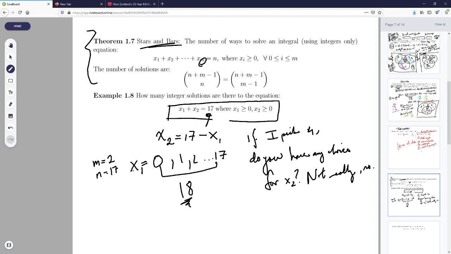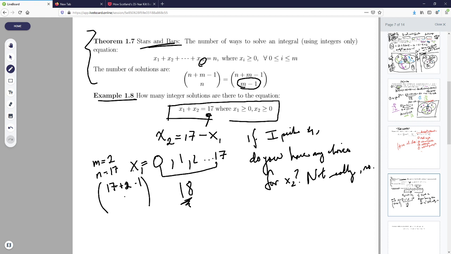Therefore, of course, you can say, well, this is an example, not a proof. Fine. There are 17 plus 2 minus 1 choose, and then either you can choose m minus 1, so m minus 1 is 1, or you can choose n, which would be 17.